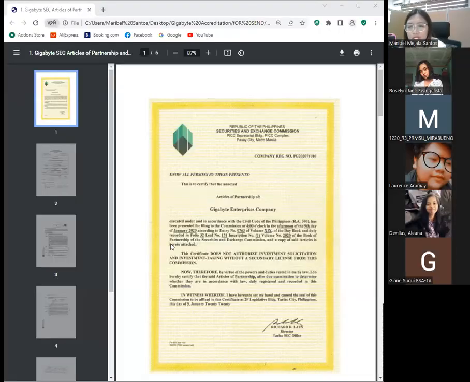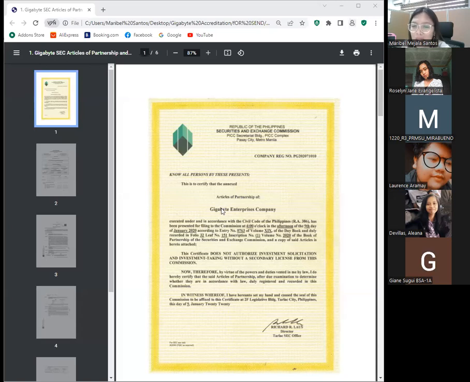So, to give you an example, I'll show you one. I'll share, huh? Okay, so this is a sample of an articles of partnership. Okay, so same lang yan with the corporation. So yeah, nakalagay lang naman.